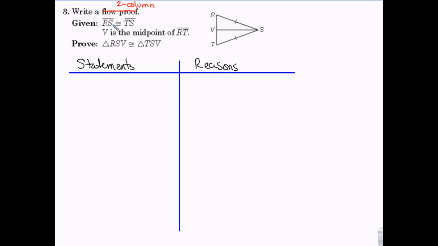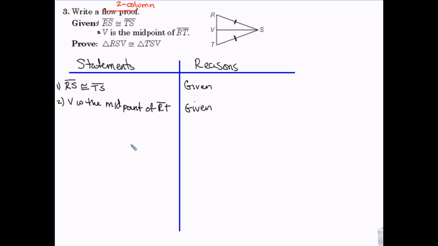So we have the given. I have 2 given statements. I have RS is congruent to TS. That's given, and it's already labeled right here. So that was my first line. My second line is V is the midpoint of RT. Okay, midpoint.